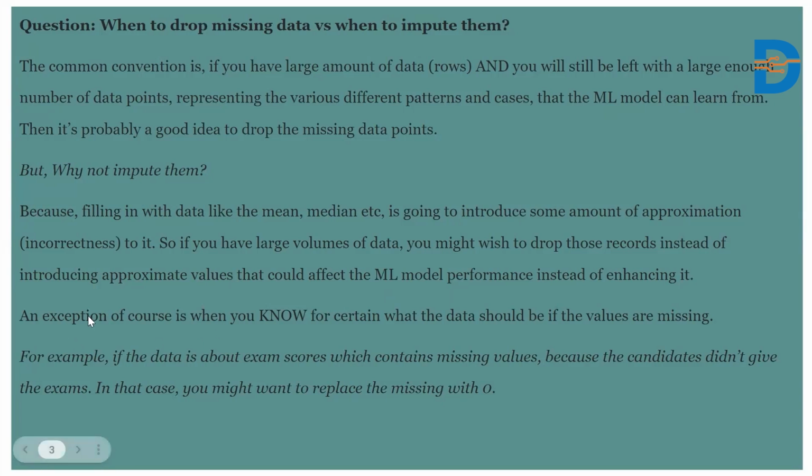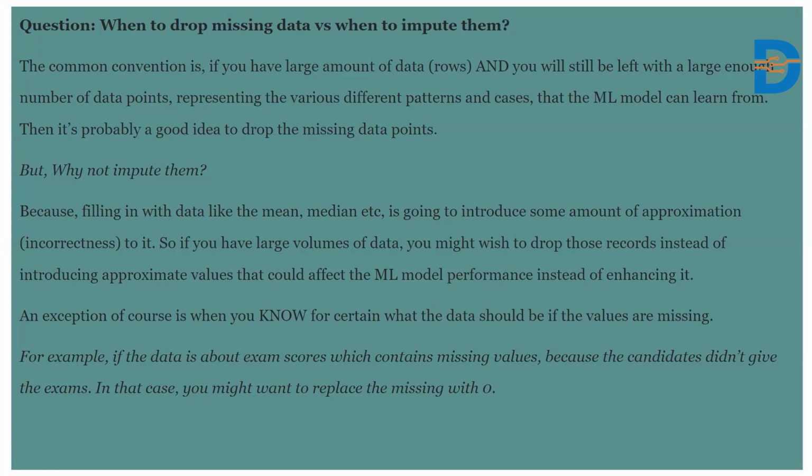There is an exception, and an example as well. Let's say in a class, the students are writing a test out of 25. They have scored around 18, 15, and so on. A few people have been absent for the test. So what is the best case scenario?